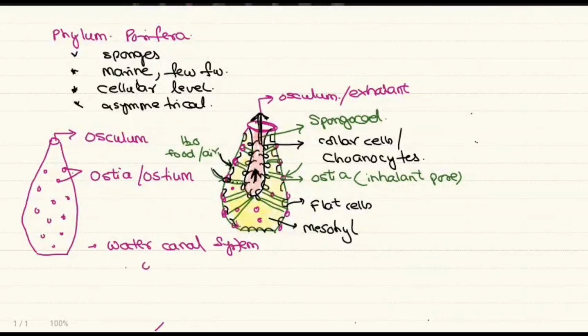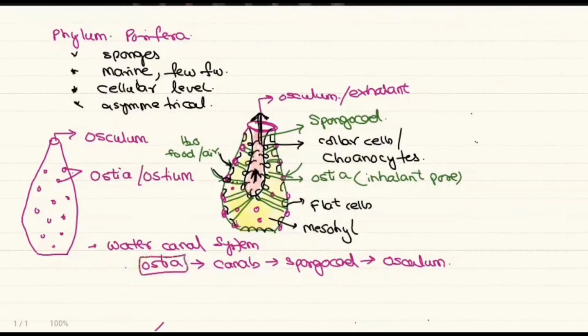See, it started with the ostia, that is the opening from where the water enters into the small canals. These canals open into a larger cavity called spongocoel, and from the spongocoel, all the waste materials, carbon dioxide is removed through the osculum. So ostia, the spongocoel and the osculum, they are the main parts of the canal system.